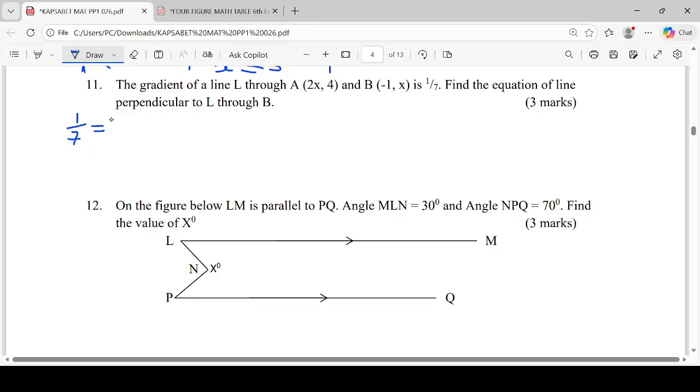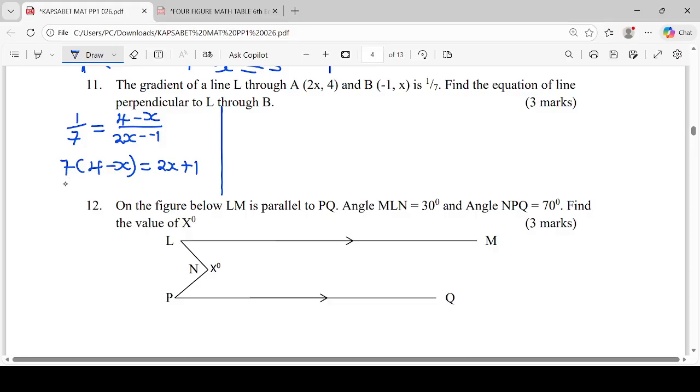That is 4 minus x over 2 minus negative 1. So when you cross multiply, 7 into 4 minus x should be equal to 2 plus 1. So that's where we are going to start from.